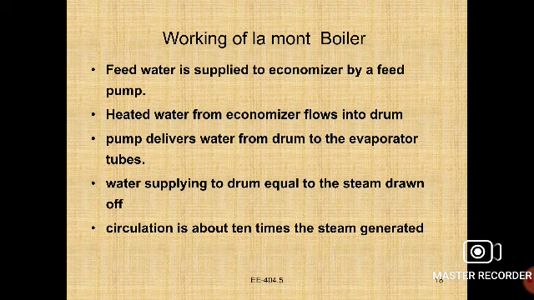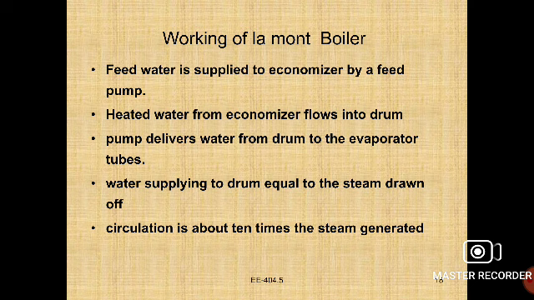Again, in the working principle, the level of water in the drum is maintained constant by supplying feed water equal to the steam drawn off. The air is preheated by the flue gases before leaving the chimney.